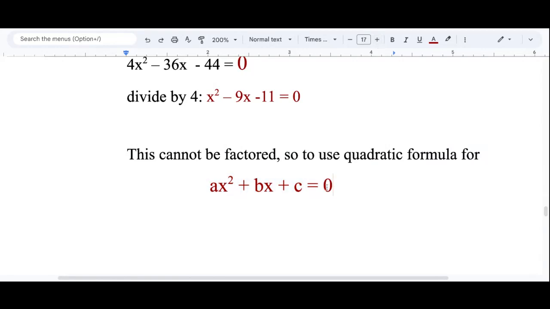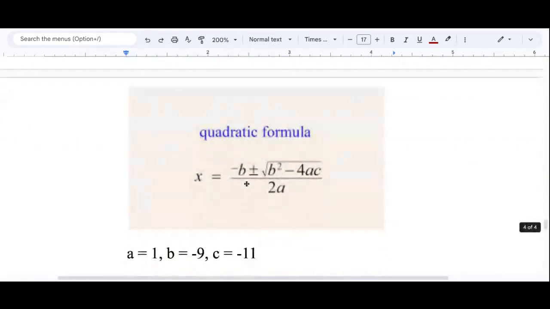You see the other side has to be 0. Then the number before x squared is called a, the number before x is called b, the constant term is called c. You have to put it in this form, then apply the quadratic formula. Anyone has any questions?